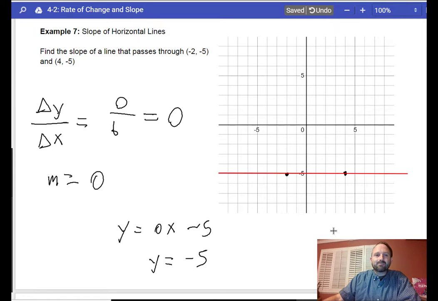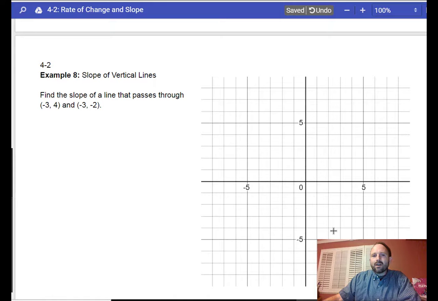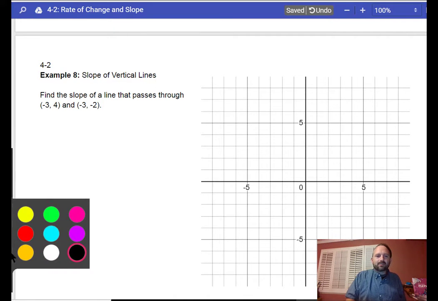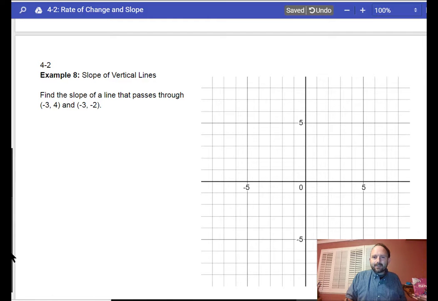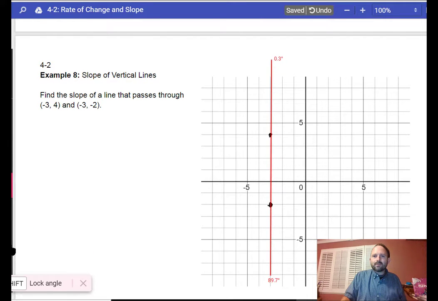Example 8. Alright, example 8. What if we have a slope of a line that passes through -3, 4, and -3, -2? Well, this is going to be undefined.